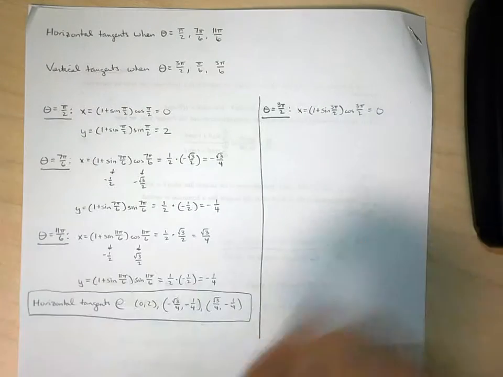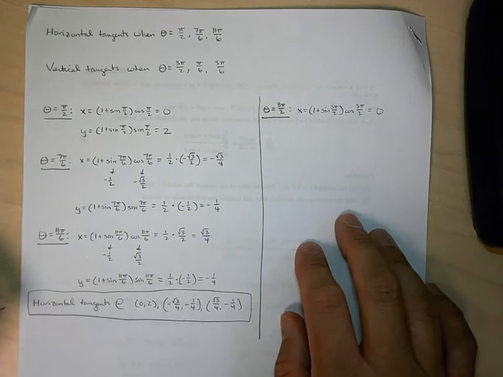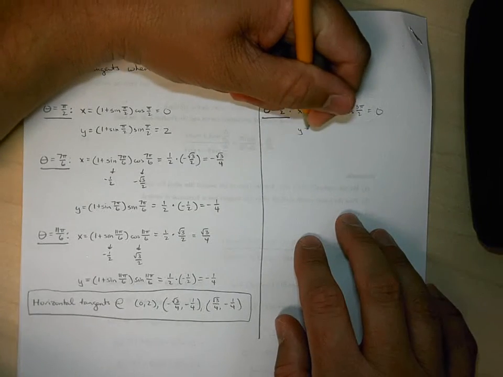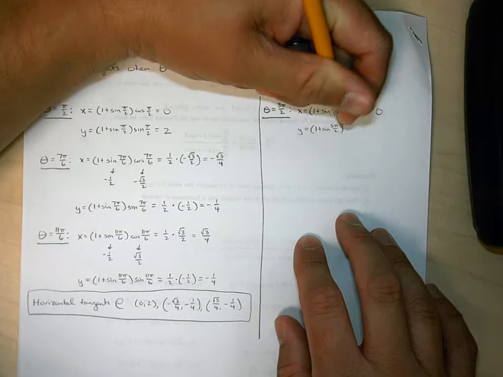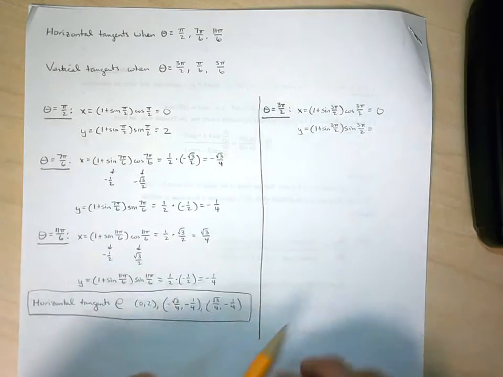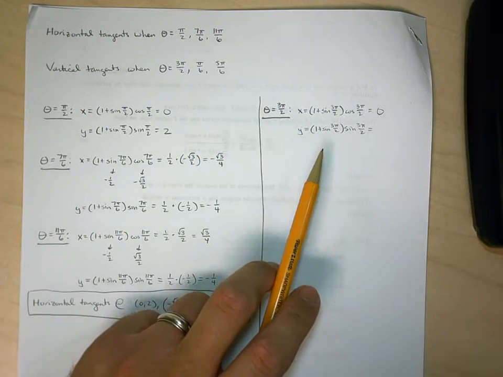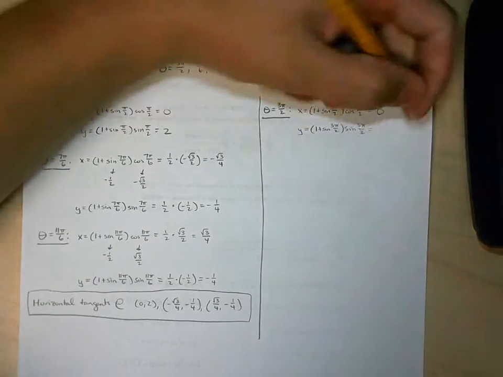Well, cosine of 3 pi over 2 is 0. For y, we have 1 plus the sine of 3 pi over 2 times the sine of 3 pi over 2. Well, sine of 3 pi over 2 is negative 1, so this says 1 minus 1 in the parentheses, so also 0.